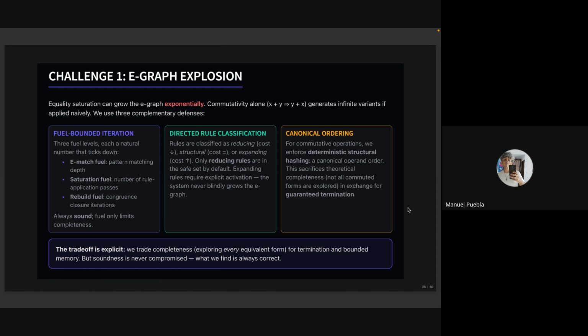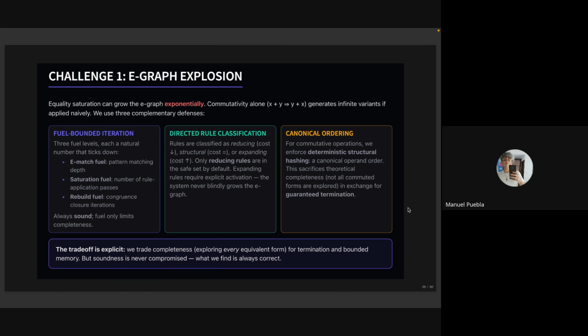Of course, we always have sound results, but we can sometimes obtain suboptimal results. Then we have this idea of rule classification, because some rules will increase the cost of the resultant expression, some others will reduce it, and at this point we're choosing reducing rules only for safety, just not to have the computer explode.